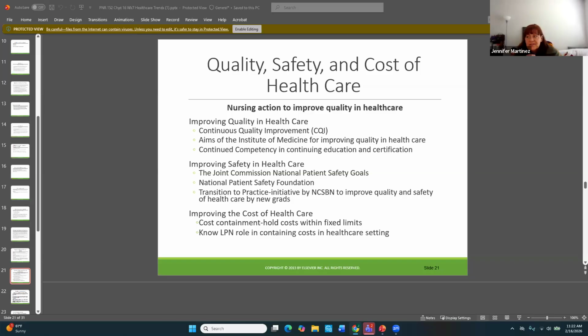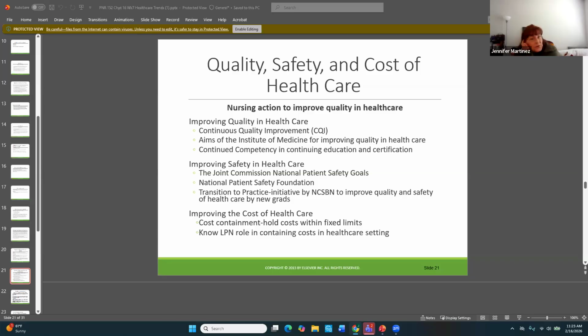that transition to practice model is anywhere between 9 and 12 months. And so again, it's improving safety and quality as the new grads are transitioning into the actual workforce. And it helps with a lot of things.